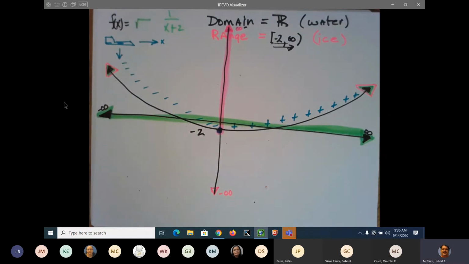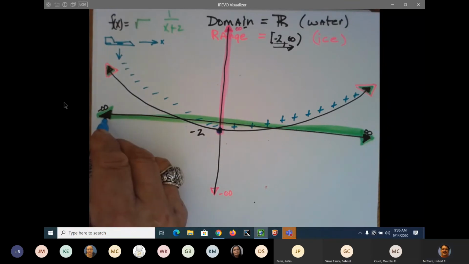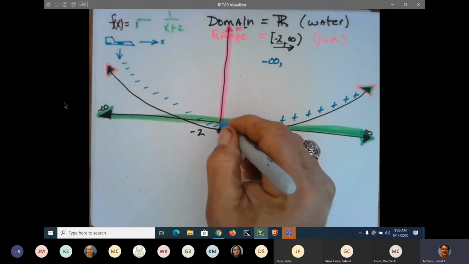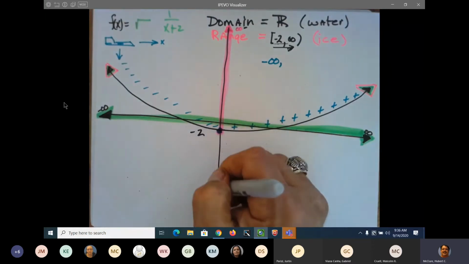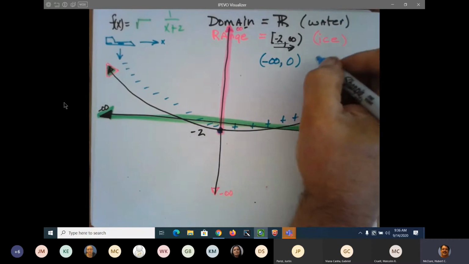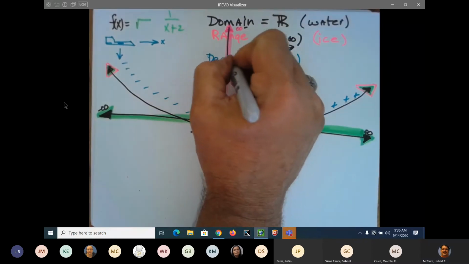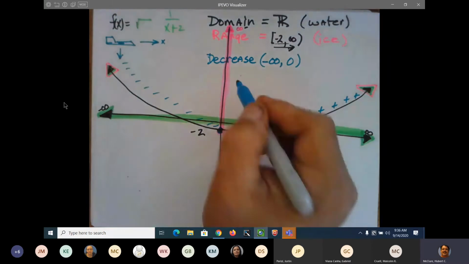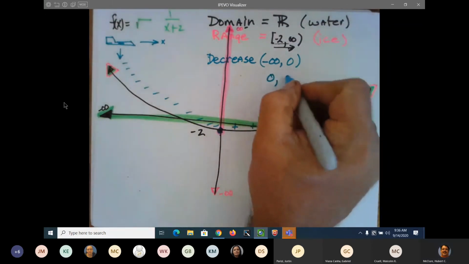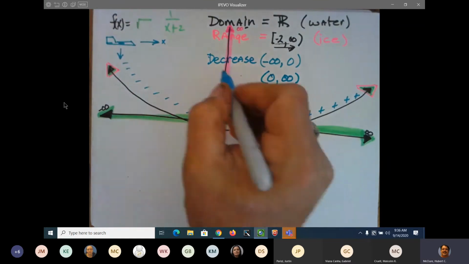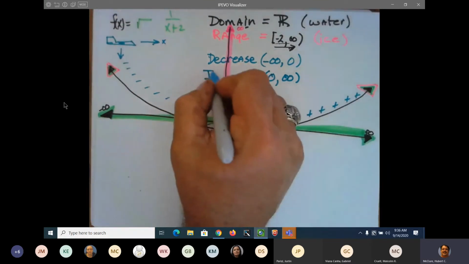So how do I say this? Well, from negative infinity to, let's say 0, this is 0 right here, the plane is decreasing. From 0 to positive infinity, it's increasing.